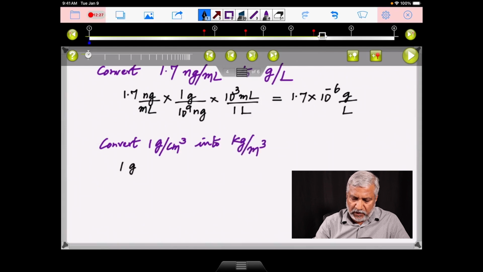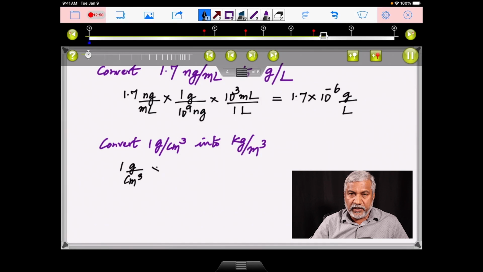All right, what do we have next? So here there is another conversion coming up. Convert 1 gram per centimeter cube into kilogram per meter cube. Now this is the unit of density. 1 gram per centimeter cube is the density of water. But if we want it in kilogram per meter cube, what we're going to do is 1 gram per centimeter cube is given.